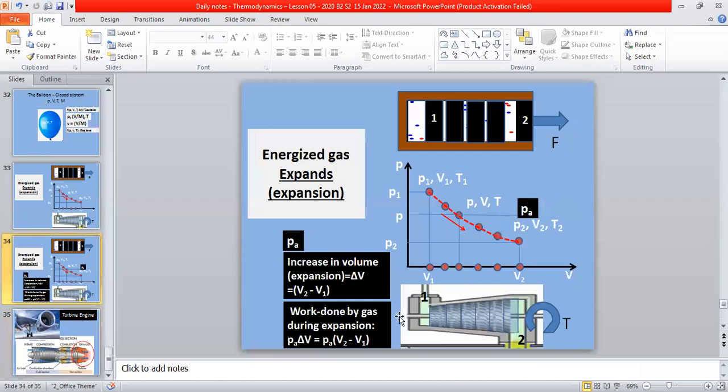Similar turbine is here, but here this can be a steam turbine. High pressure steam comes here, and then the low pressure steam, de-energized with less energy, leaves the turbine, turning this.